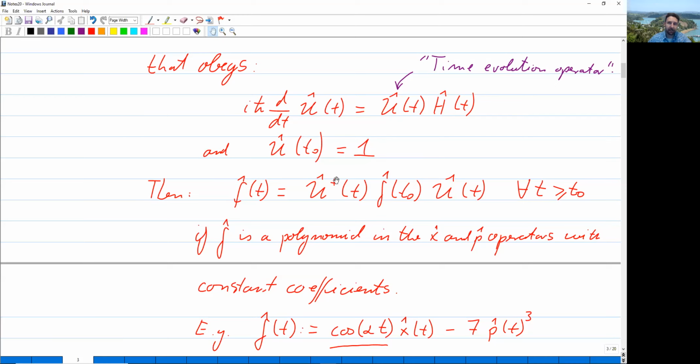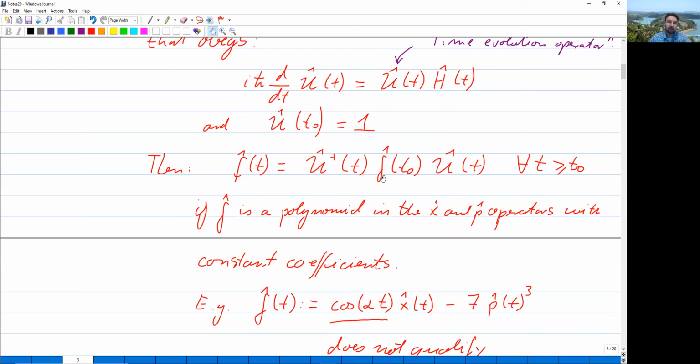Here you had dagger, and on the right you had u. So in particular, the claim here is, of course, that this f hat of t obeys the equations of motion, and that f hat of t is Hermitian, if it starts out Hermitian, and that all of those f hat of t obey the right commutation relations as long as they obeyed them at the initial time.